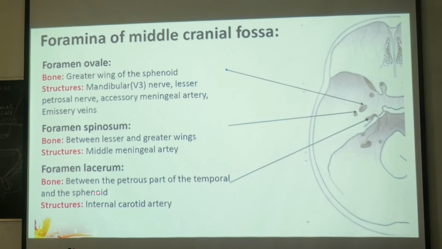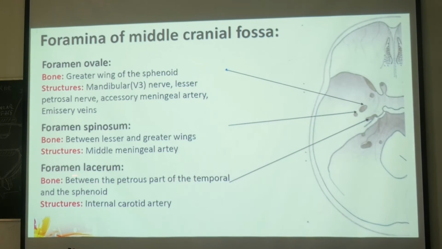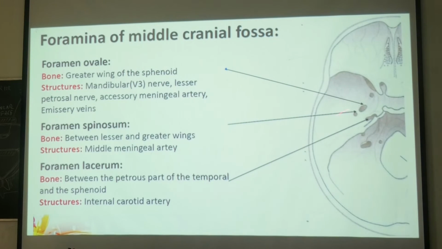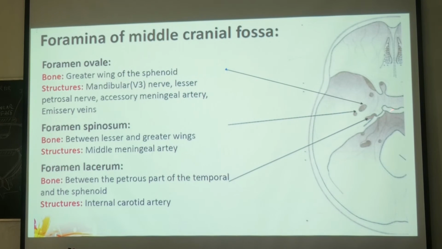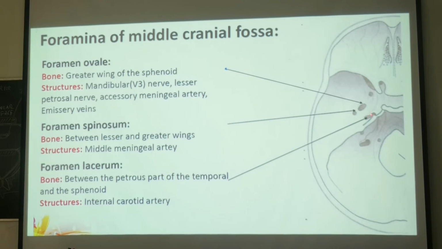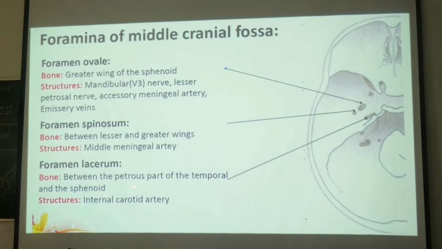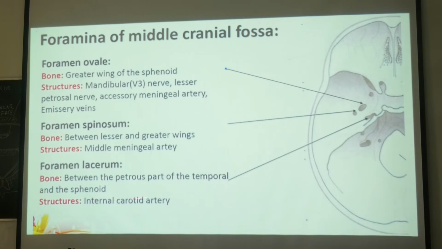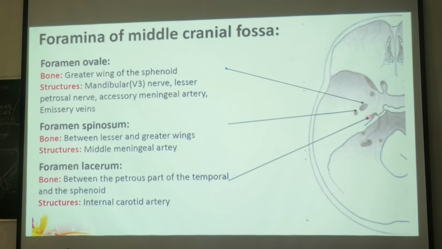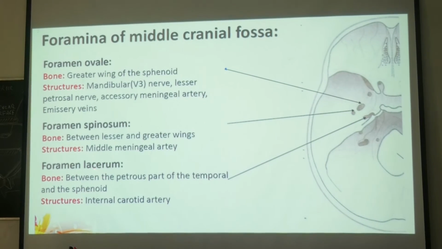Next is the foramen lacerum. The foramen lacerum lies near the apex of the petrous part of the temporal bone, between the petrous part of the temporal bone and the sphenoid. Here lies the foramen lacerum. Through it passes the internal carotid artery.